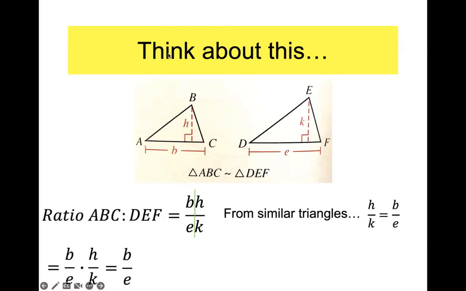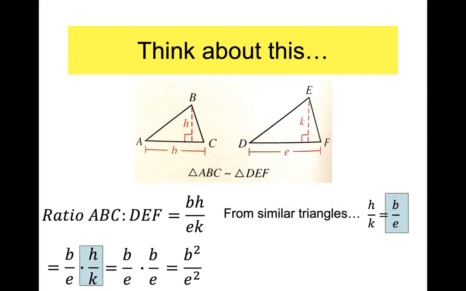I'm supposed to write times H over K, but this says if you see H over K, we can write B over E. So I'm going to substitute B over E for that H over K. Let me erase the mess I just made, and let's multiply straight across, and we get B squared over E squared. So we arrive at our final comparison of the ratio of the areas.